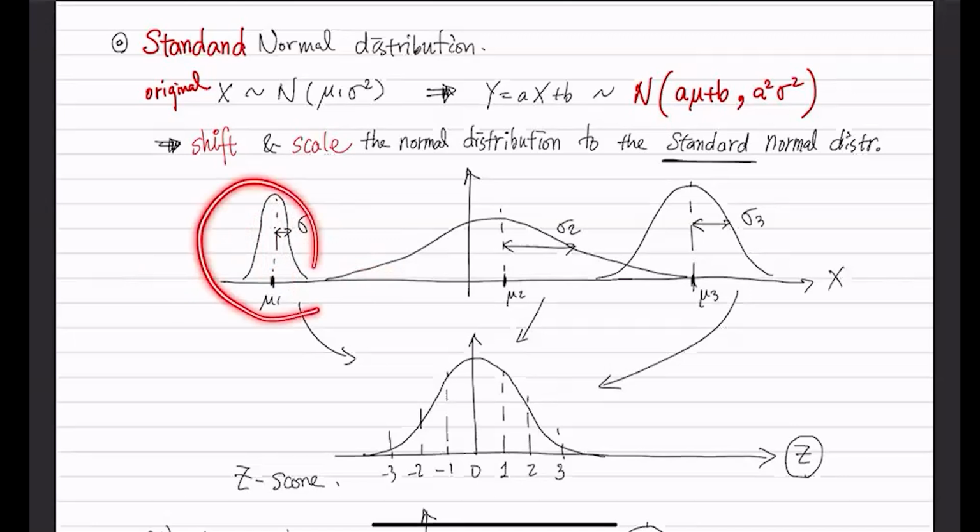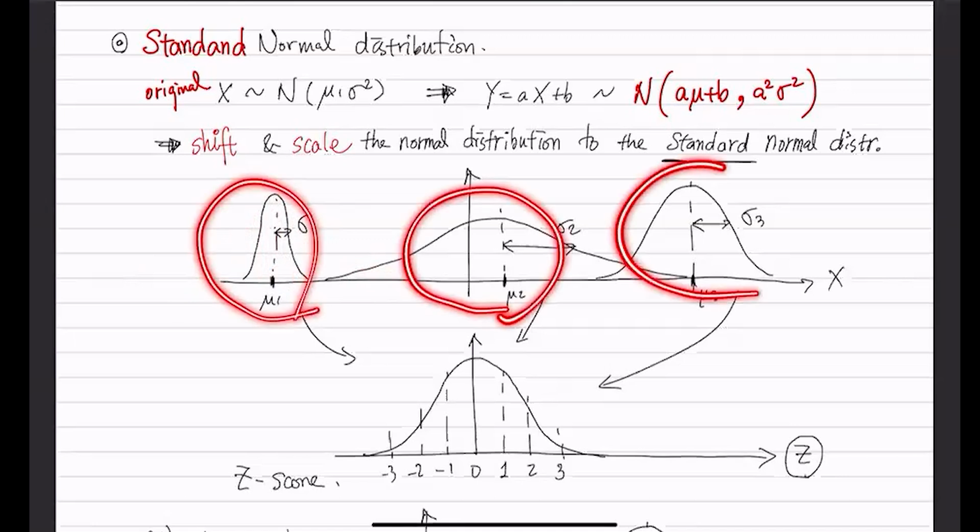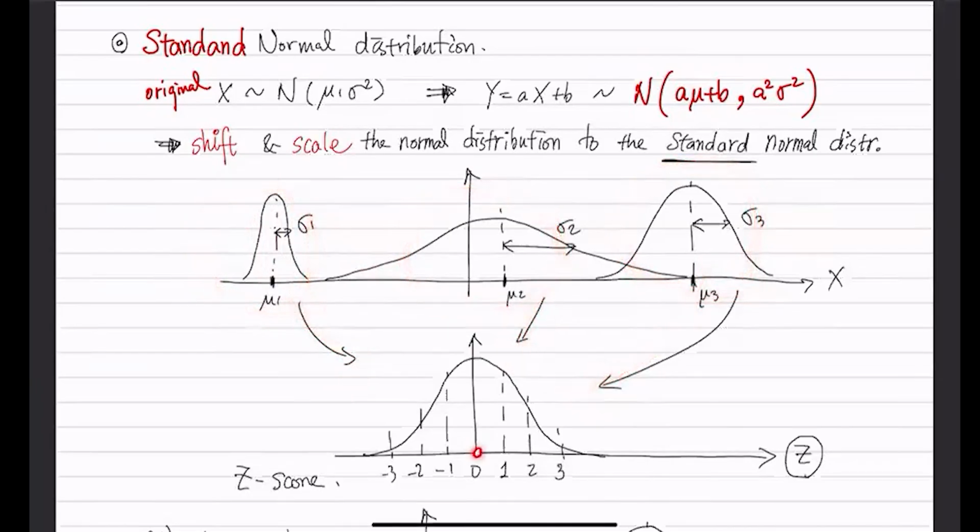So all these normal distributions can be scaled and shifted so that they have 0 as the mean and 1 as the standard deviation. They all have different standard deviations. For example, say this is a measurement of the height of the students in this class. Say this is the distance of your hometown from here.